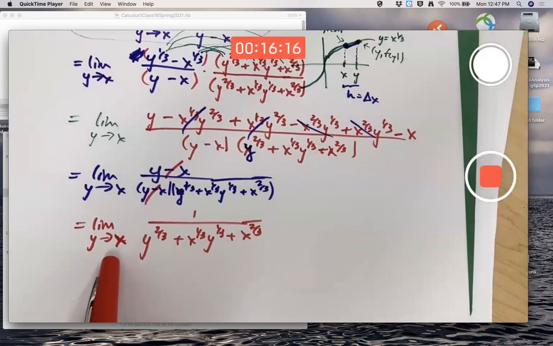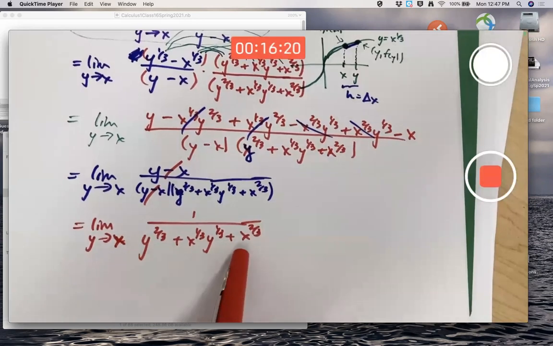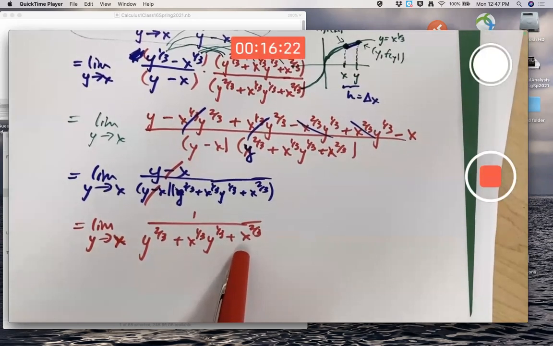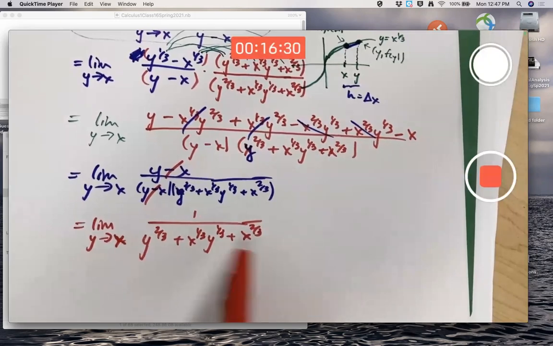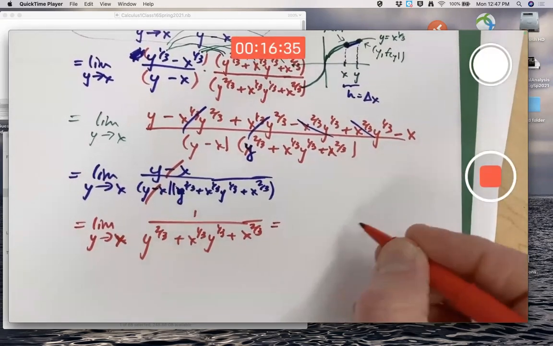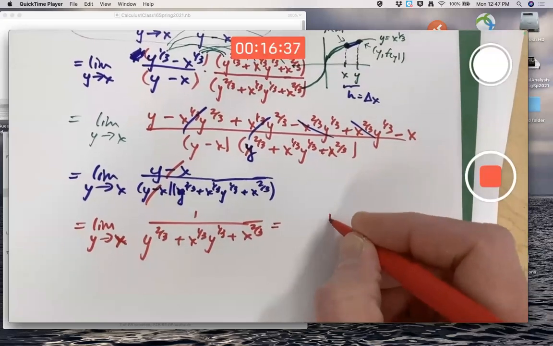Once again, as long as you don't divide by 0. That'll be fine as long as x itself is not 0, right? Does that make sense? As long as x itself is non-zero, as y approaches x, this thing will be defined. I won't be dividing by 0. So now I can go ahead and plug in y equals x.